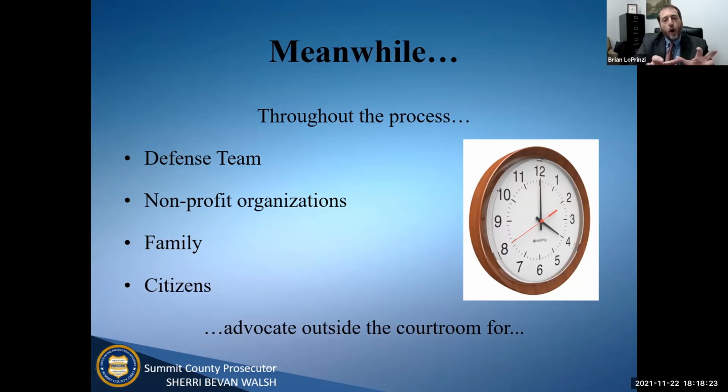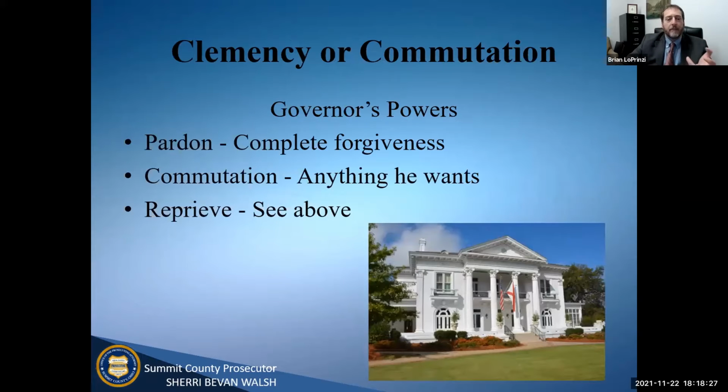And so they all will advocate outside of the courtroom. And what they're doing is they're advocating to the governor of the state, okay? And the state governor has very special powers. And the governor, just like the president of the United States, has the power to pardon people.